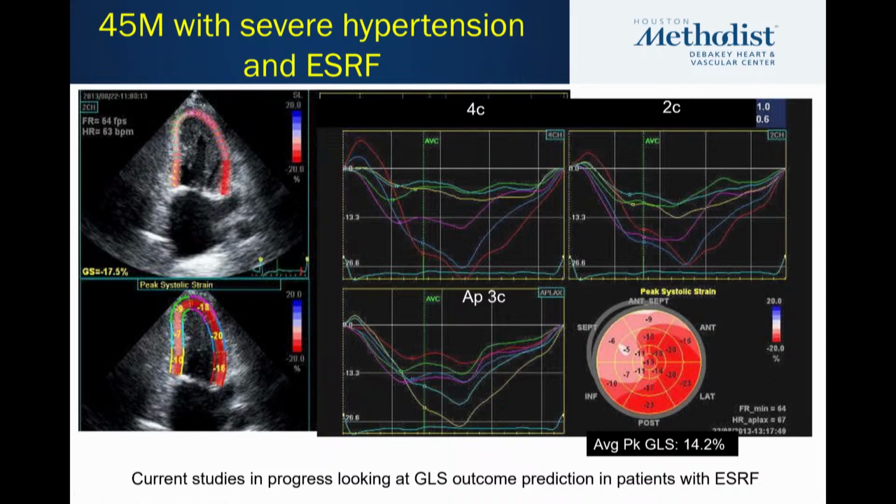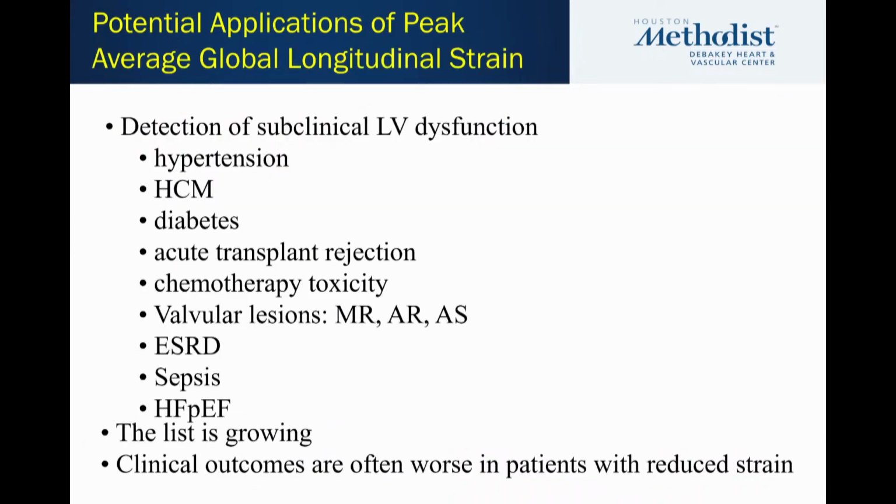So this is where the power of this technique is. And now actually there are current studies going on looking at how GLS can help do better prediction of outcome in end-stage renal disease, which may actually eventually lead toward trying to be more aggressive with transplant and whatnot, as work in progress.